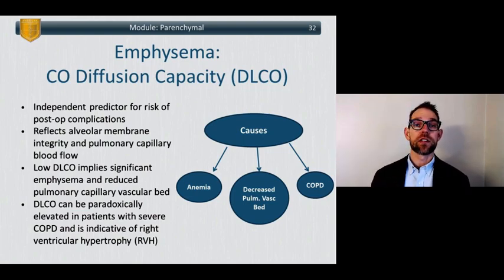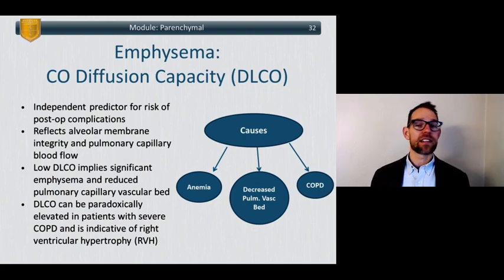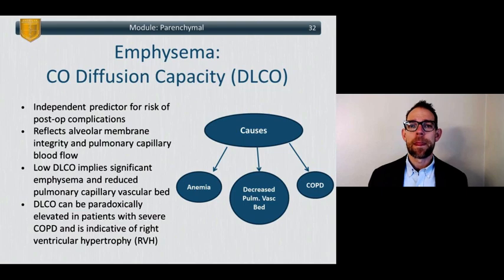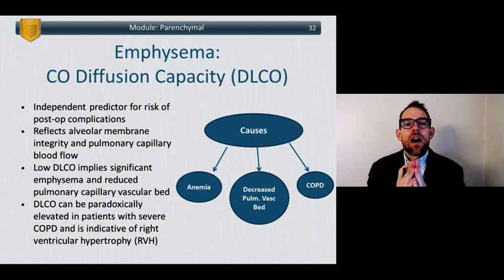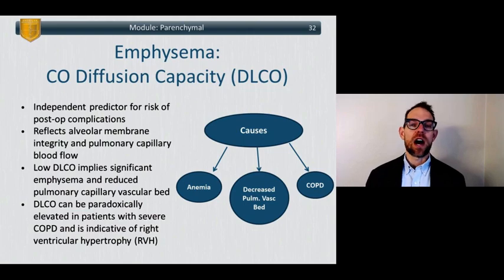Recall that DLCO can actually be slightly elevated, or paradoxically elevated, in a patient that has COPD. You may see a number that's a little bit higher and say to yourself, well, maybe this patient isn't as sick as I thought they were. In these sorts of patients, that is actually a worse prognosis because that's a sign of right ventricular hypertrophy due to chronic CO2 retention and cor pulmonale.